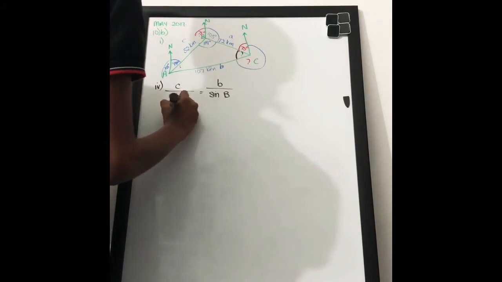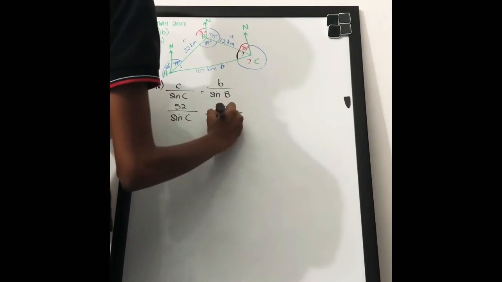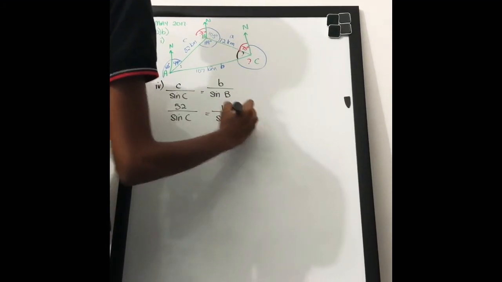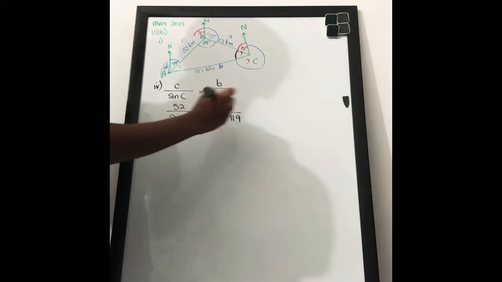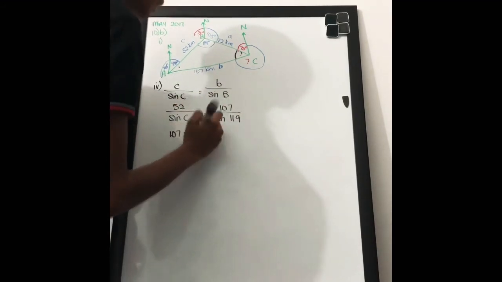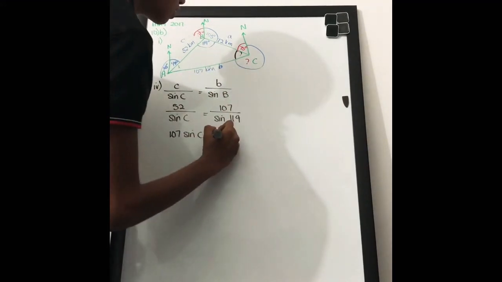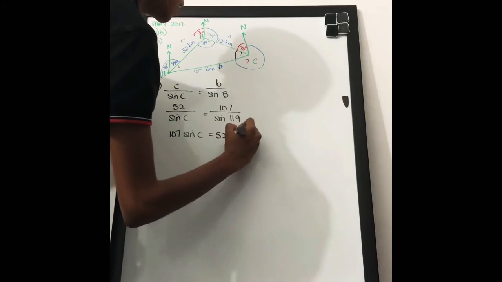C is 52, sine C, B is 107 and the angle at B is 119. So when we cross multiply, we'll have 107 sine C, and then 52 by sine 119.